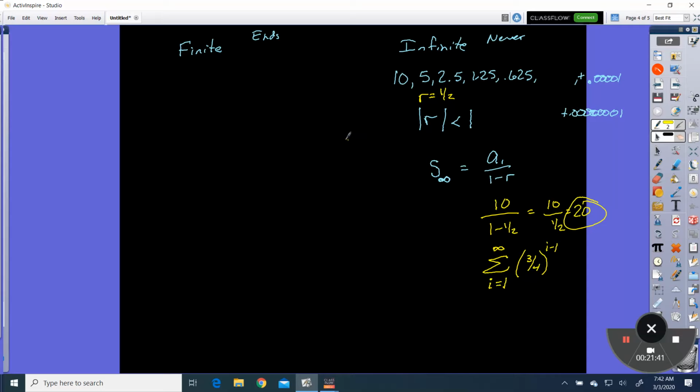Now for the more challenging formula. It's not that it's more challenging, it's just that it's not as easy to remember. I always put this n in the wrong place. I put it on the outside.